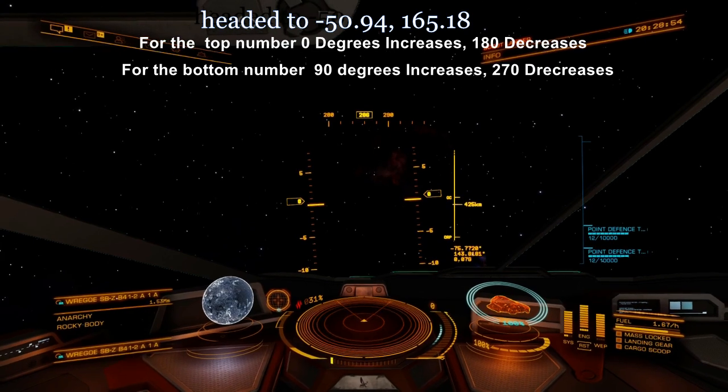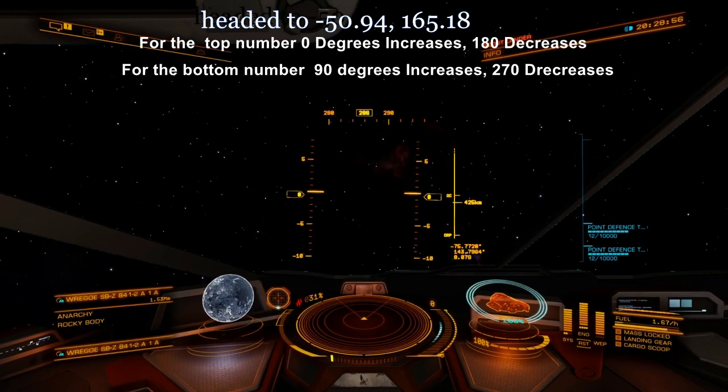So basically you want to get it in the ballpark between 5 to 10 degrees plus or minus your actual destination. So here we're going to negative 50. So I want to either get to minus 40 to minus 45 or minus 55 to minus 60, so I can get into the ballpark of minus 50.